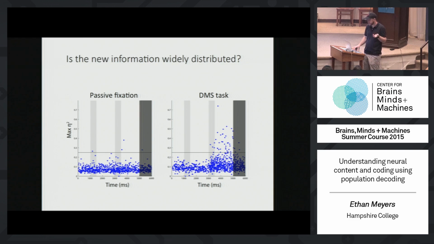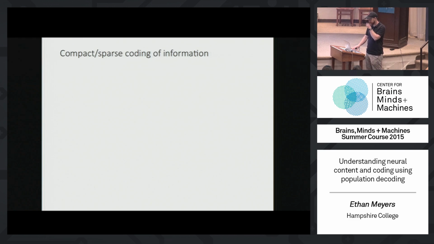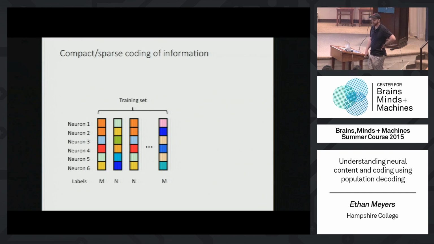Let's see if we can quantify this a little better using decoding. What we're going to do is take the training set and do an ANOVA to find, let's say, the 8 neurons that carry the most information out of the whole population. There are 750 neurons, so let's find the 8 that had the smallest p-value in the ANOVA. We keep those neurons and delete all the other neurons.